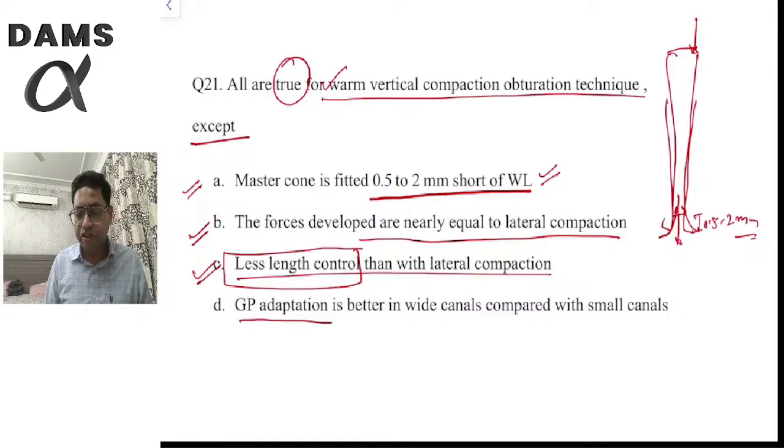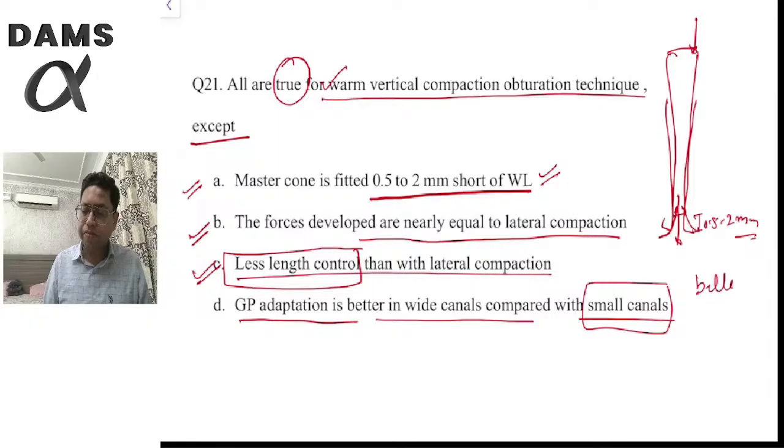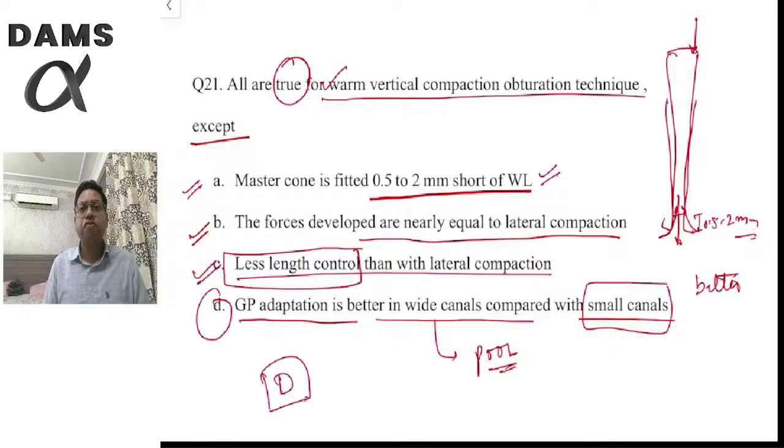The gutta percha adaptation is better in wide canals compared with small canals. No, the reverse is true. In small canals, it is better. In wide canals, it is poor. Something you have to remember about warm vertical compaction. So option D is not correct. For narrow canals, the gutta percha would flow and distribute evenly as compared to wide canals.